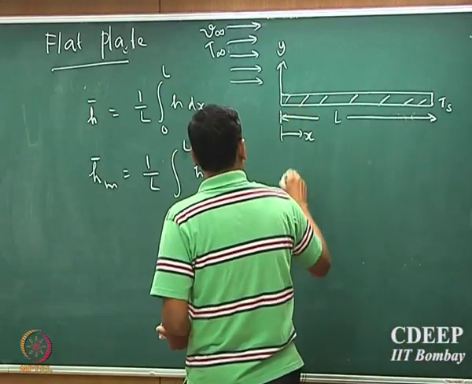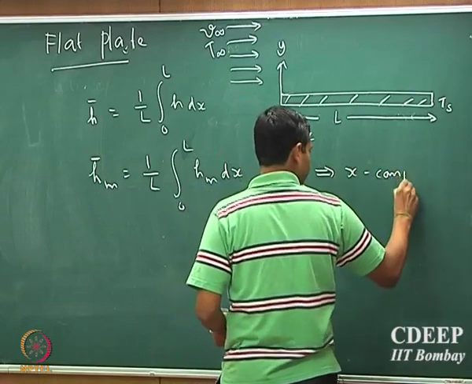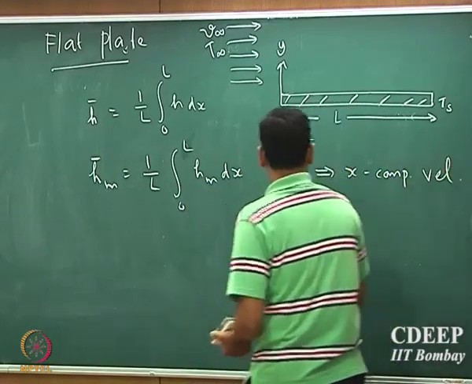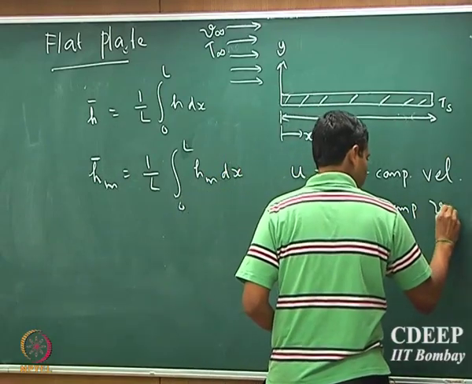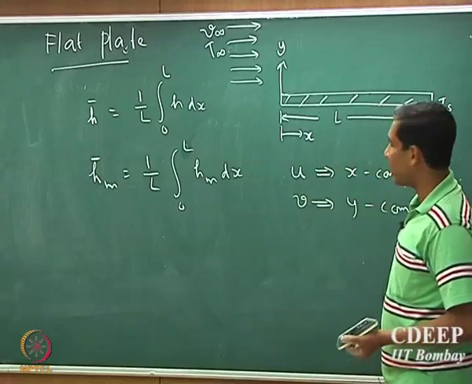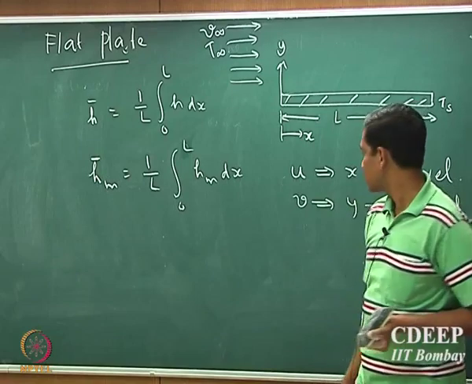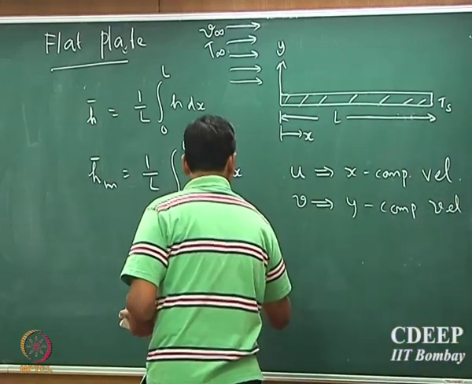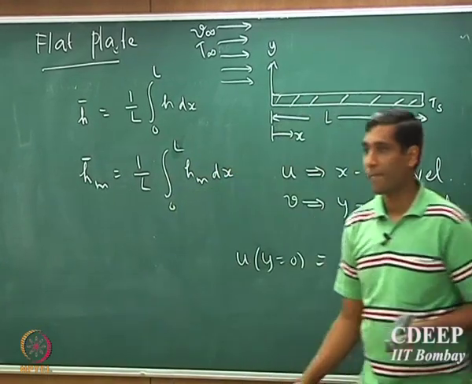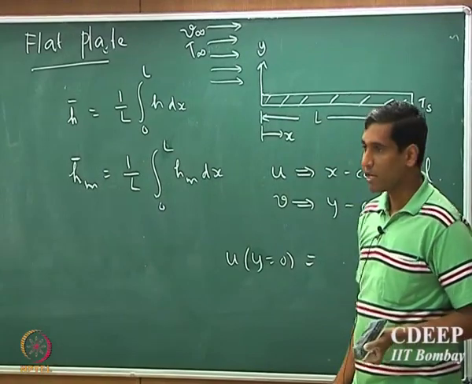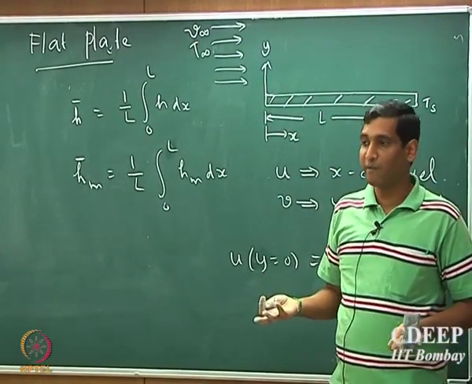Then if I say u is the x component velocity and v is the y component velocity, what is u and v at y equal to 0? U at y equal to 0 is 0, right, because it is an interface where the flat plate is not moving, it is a solid plate.